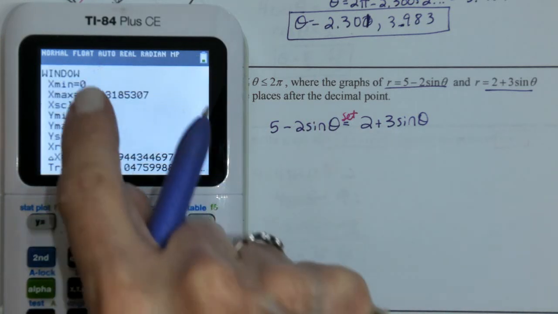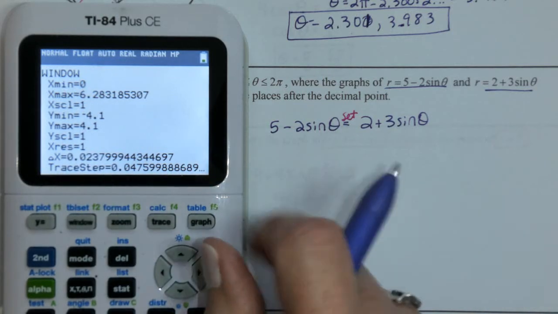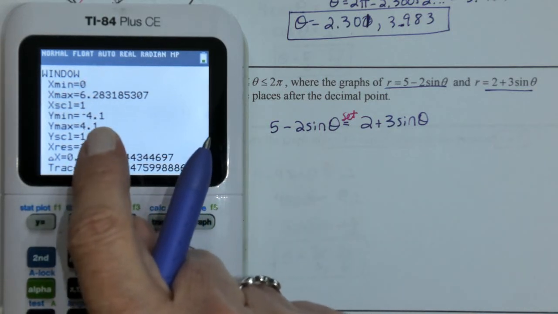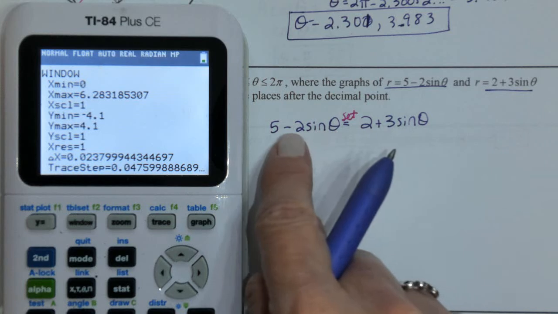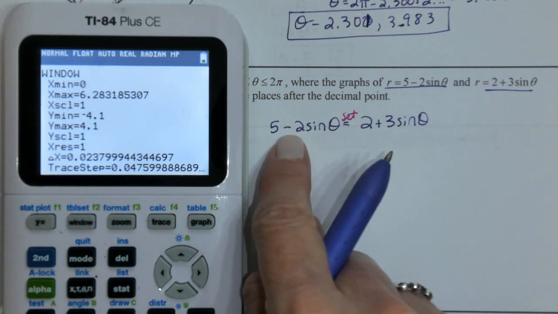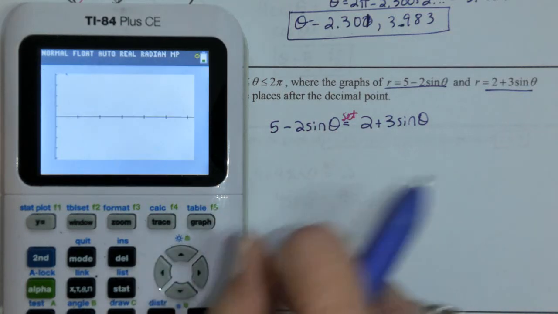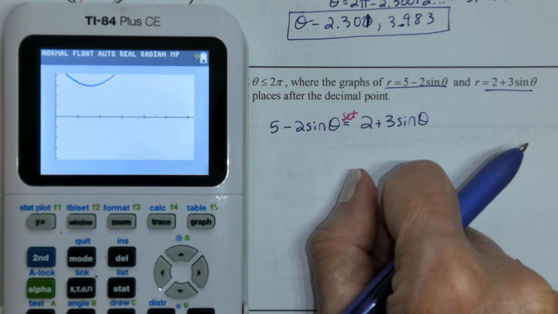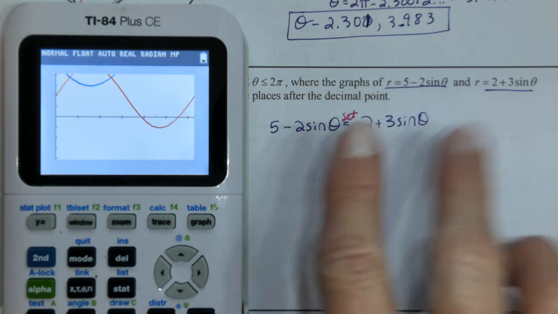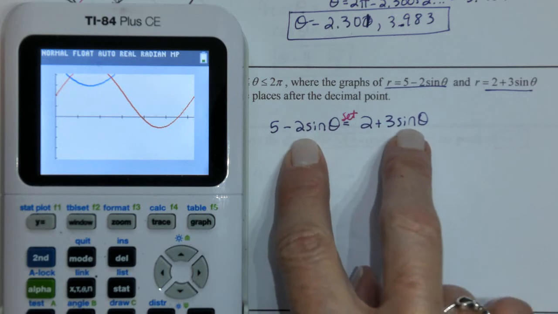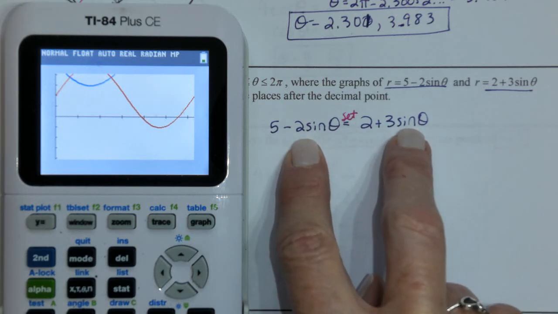My window is still 0 to 2 pi. I may need to change my y's. I'm going to have to change my y's. If you don't get 0 on one side, you're going to have to change your y's, quite possibly.